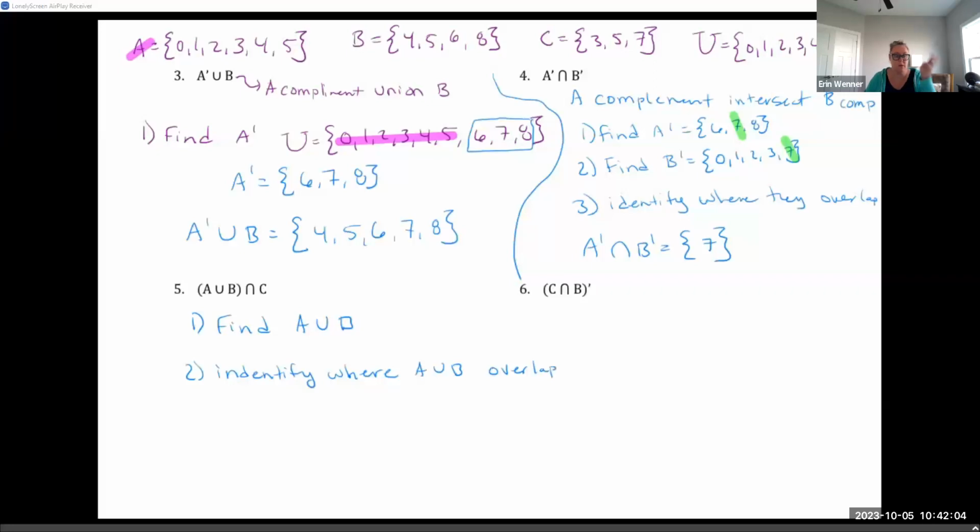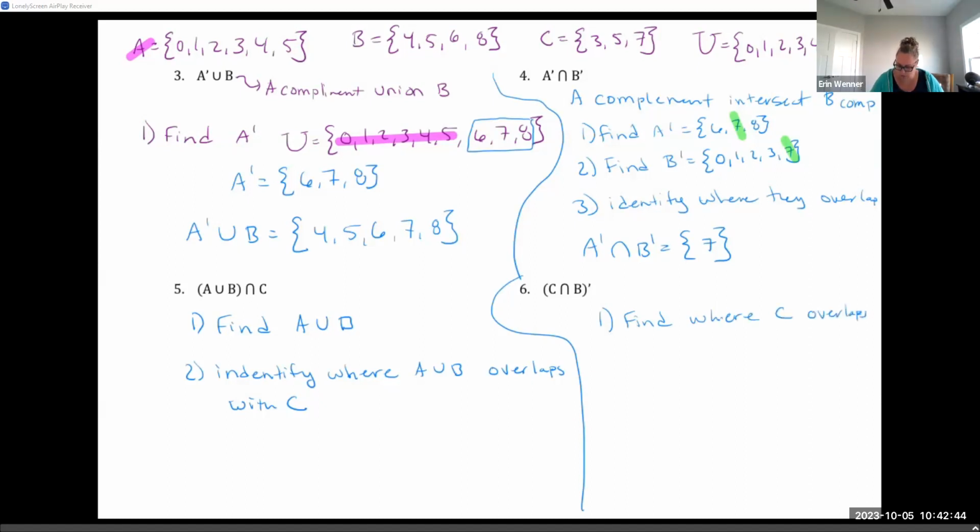I know we're running low on time because I want to talk about number 6 too. We'll check the values for number 5 and number 6 when we come back next week. Number 6 says C intersect B complement, so what that's telling us is that it's the complement of that intersection. So step 1 is find where C overlaps with B, that's what we're identifying first, that intersection.